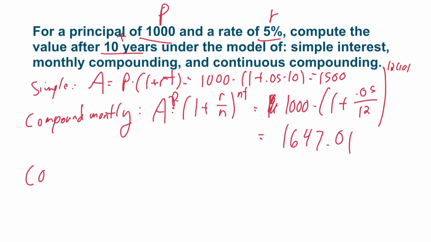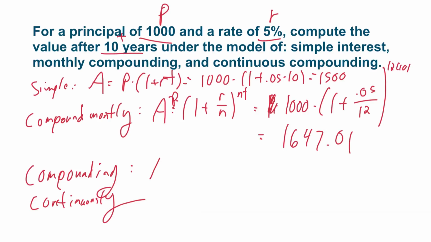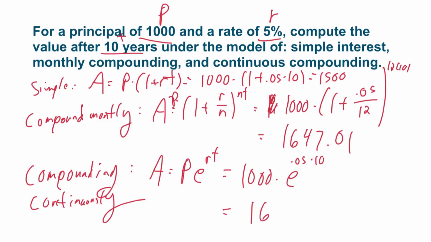But what is the benefit from compounding continuously versus monthly? We saw in the previous example there was minimal benefit to compounding continuously versus daily. So let's see if there's a big difference here. PERT is the model. So 1,000 times e to the rate of 0.05 times 10, which is approximately 1,650, let's say.